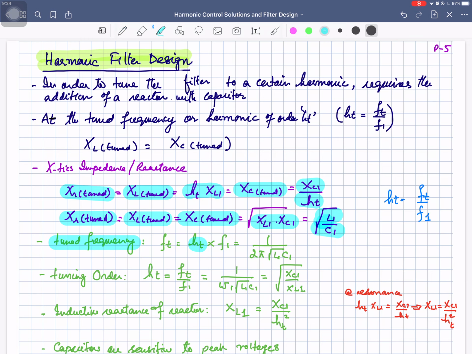So, that can be written in this form: Ft is equal to 1 by 2 pi into the square root of L1 C1. Okay, so the tuning order, as I explained, Ht is equal to Ft over F1, and if I use the value of Ft from this equation, let us suppose equation A, we can write Ht as the square root of Xc1 over XL1, where Xc1 and XL1 are the reactances at the fundamental frequency.